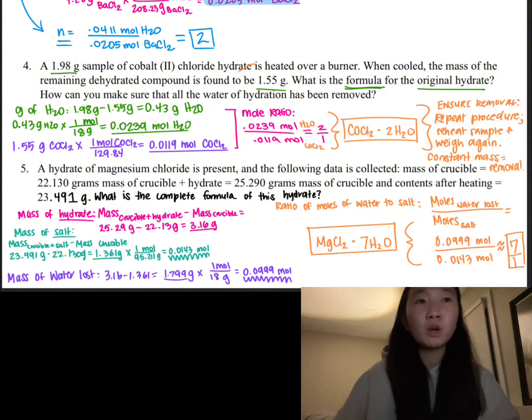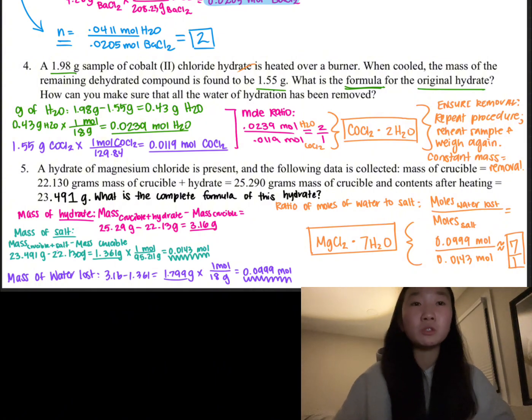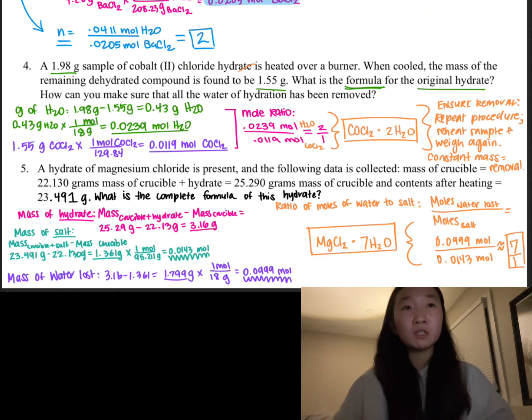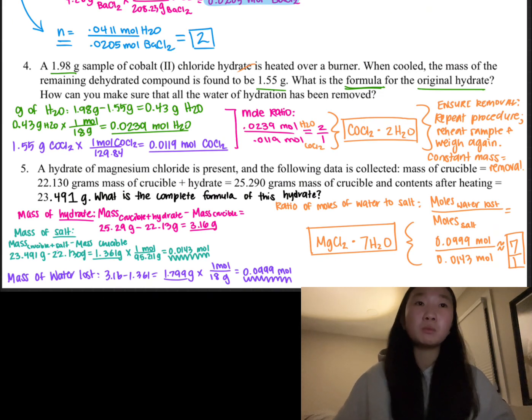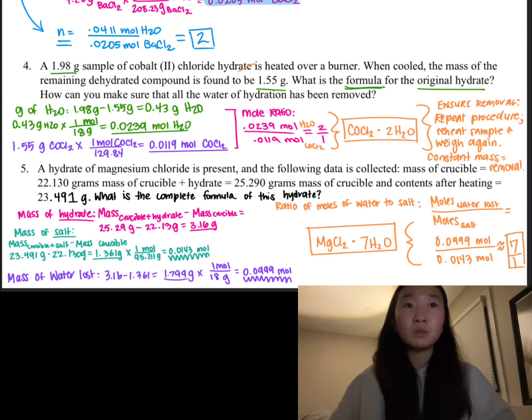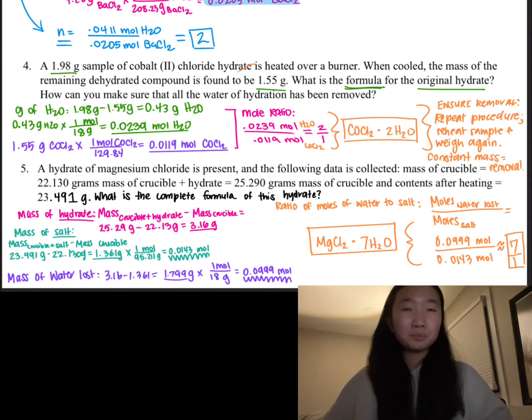As for question number 4, we would have to get the molar ratio of H2O to COCl2. And to do this, we first got the grams of H2O by subtracting 1.55 grams from the remaining sample from 1.98 grams of the original sample to get 0.43 grams of H2O. We then converted this to moles by multiplying it by 1 mole over 18 grams of water, giving us 0.0239 moles of H2O.